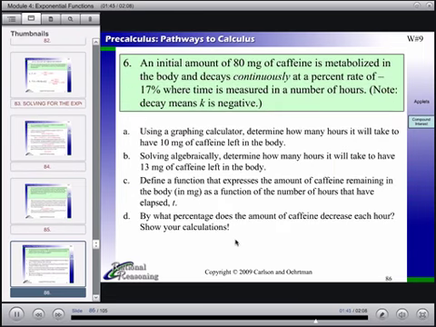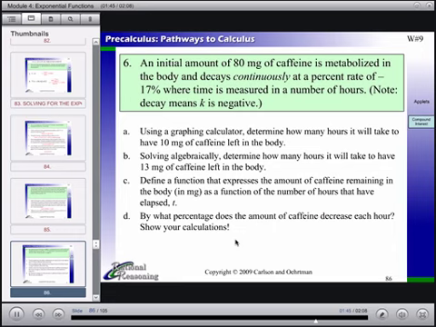All right, so the decay is a little harder. We know it's a little harder because seeing the percent increase is a little tougher. Okay, so this says a continuous percent rate of 17%. So does the amount of caffeine go down 17% every hour? Yes or no? Is that the actual percent change per hour, or is it something different? That's the continuous rate.